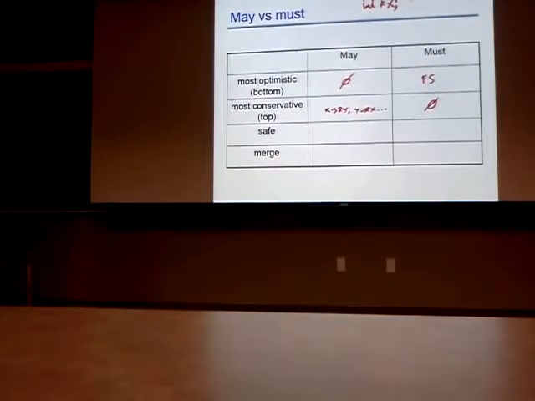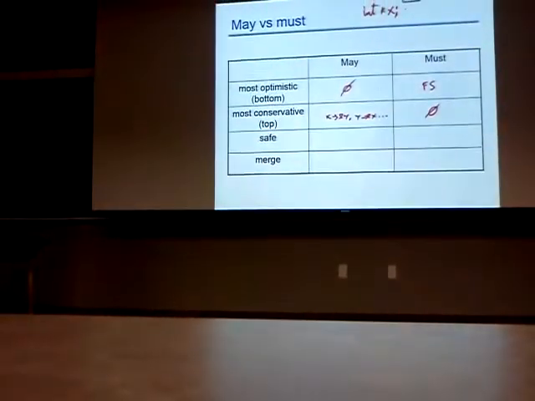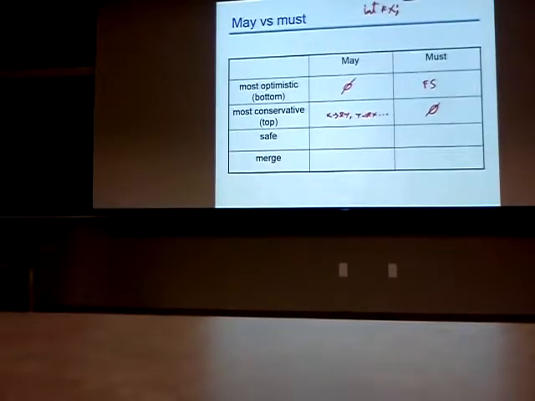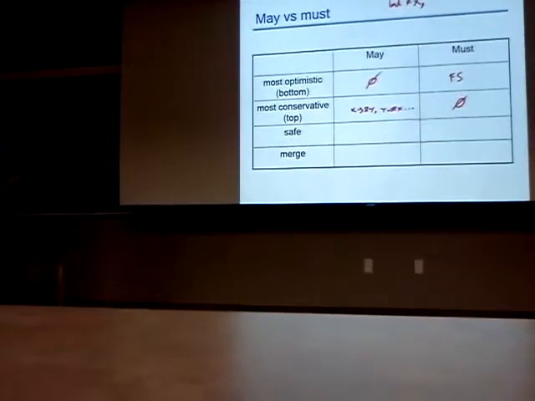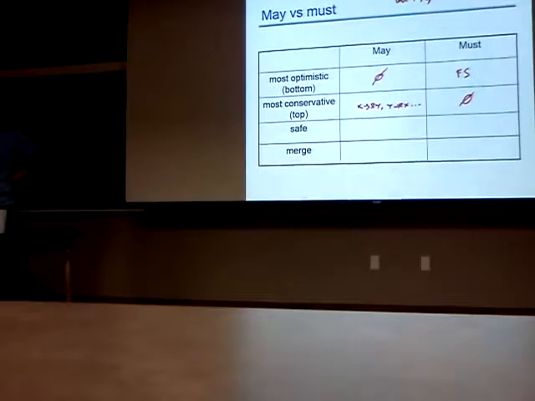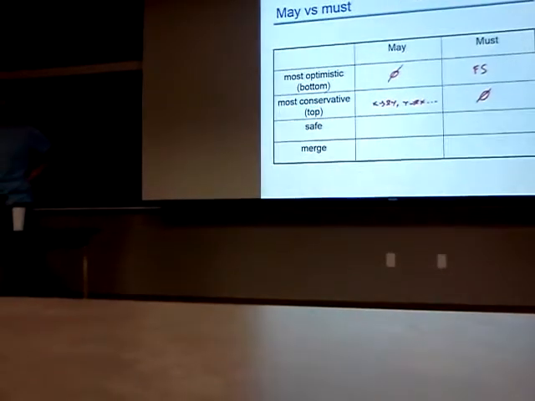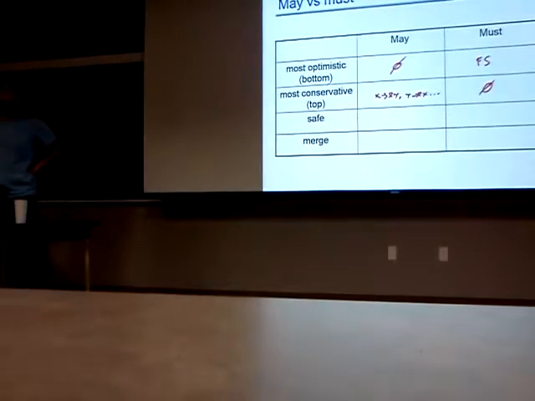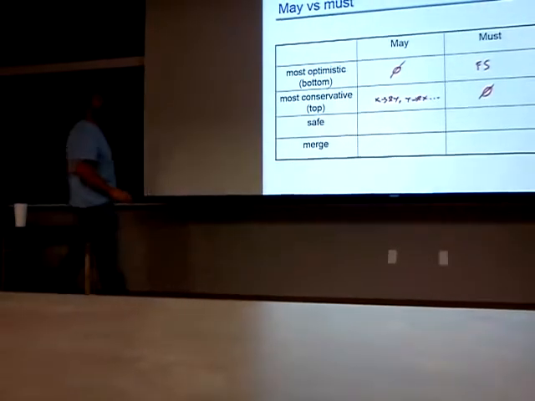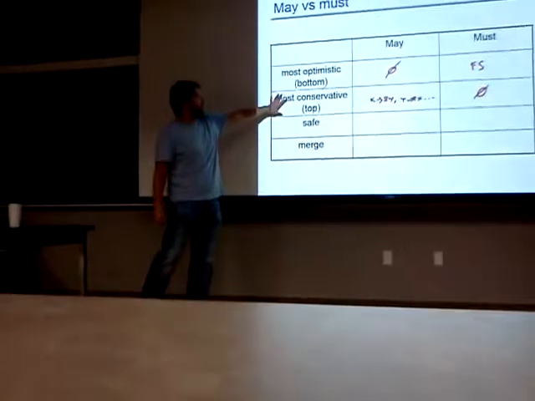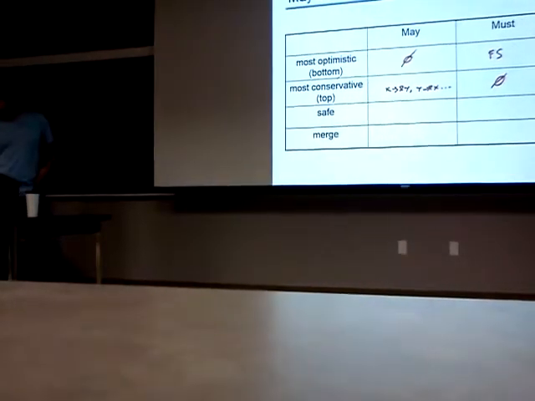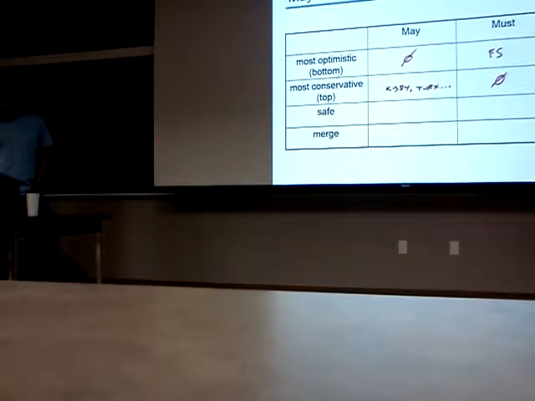Because when we do our analysis, we have to pick what the incoming information is going to be. So one way to put that incoming information is to put it to the most conservative thing, because we just don't know what happens at the beginning, which would be top or must. We can initialize it to this, and then we get nothing.